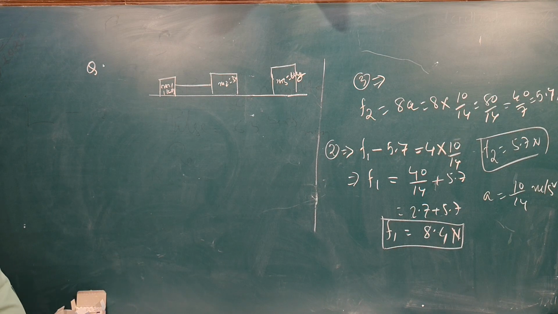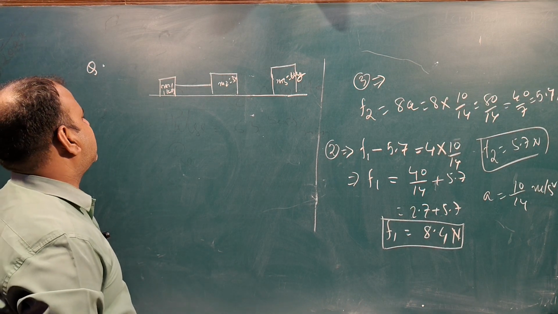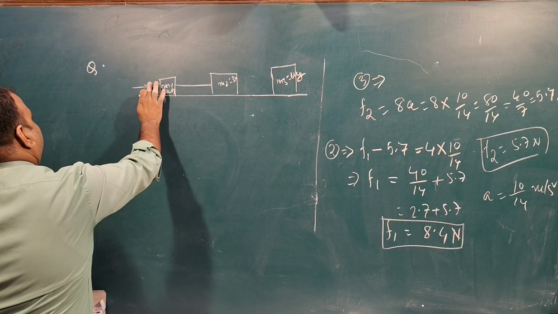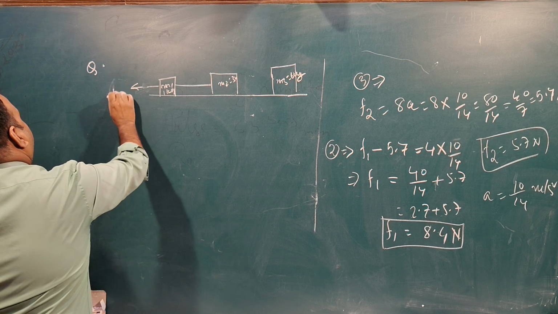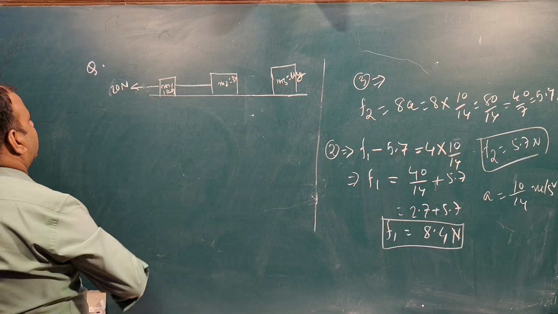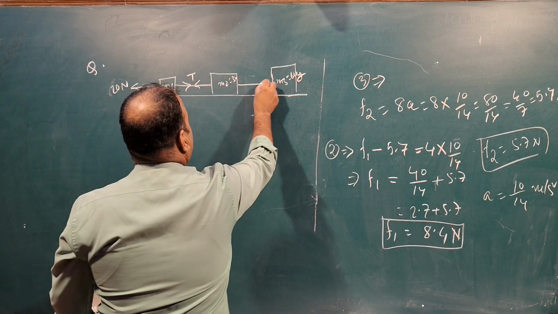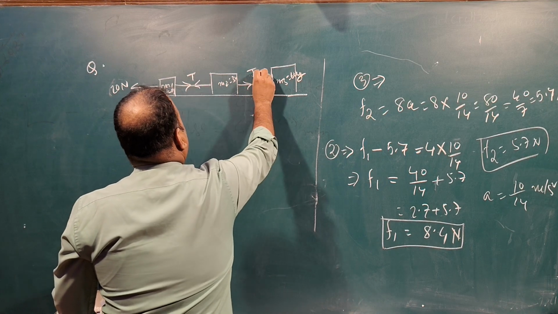So M1 is equal to 1 kg, M2 is equal to 3 kg, and M3 is equal to 6 kg. Now suppose 20 Newton is acting, so here it will be tension, and here also you can see it will be tension, like this, T and T1.